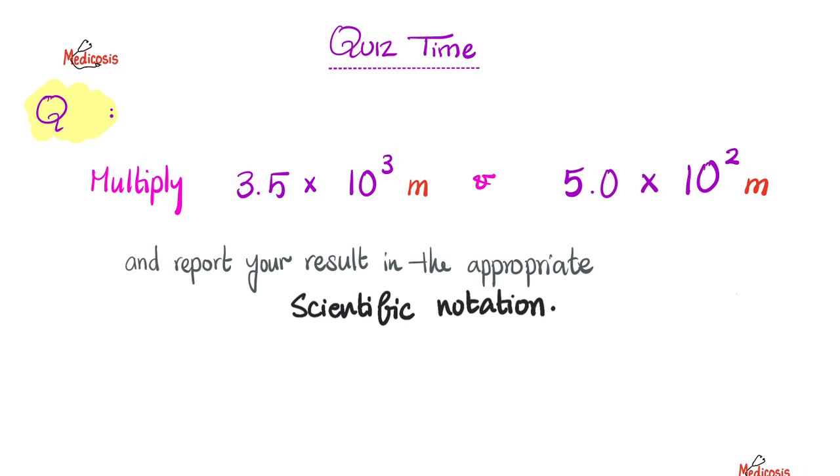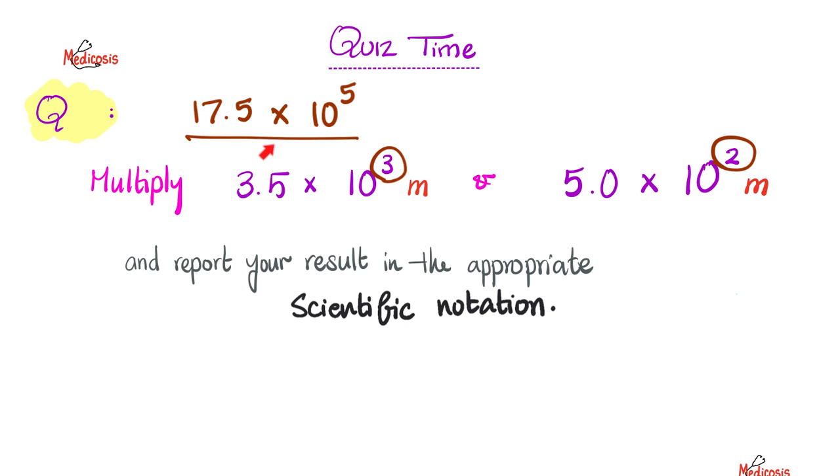Okay, it's all multiplication, so it's 3.5 times 5. 5 times 3 is 15. 5 times 1/2 is 2.5. 15 plus 2.5 is 17.5. Multiplied by the base is 10, and you add the exponents just like this. Is this the proper scientific notation?